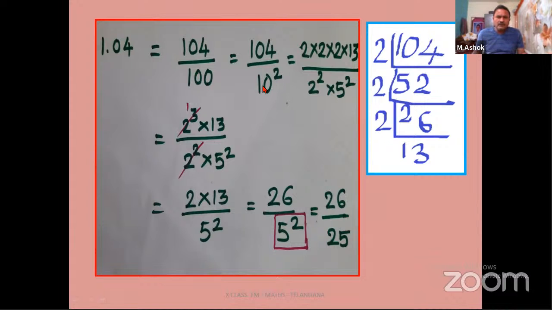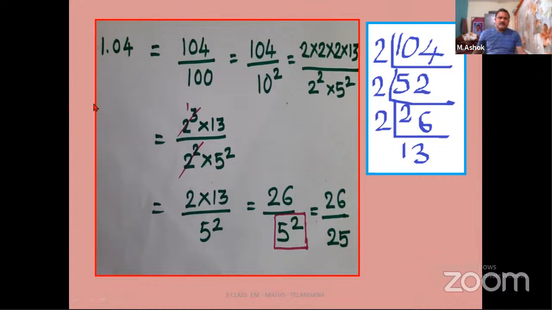Already I told you 10 means 2 into 5, so 10 square is 2 square into 5 square. So it is 2 cube into 13 by 2 square into 5 square. If you cancel, it becomes 2 into 13 by 5 square, that is 26 by 25.